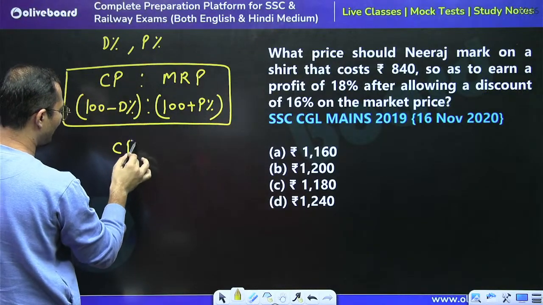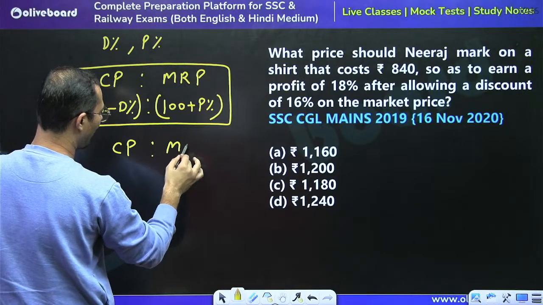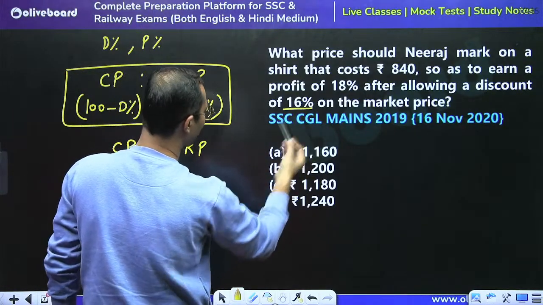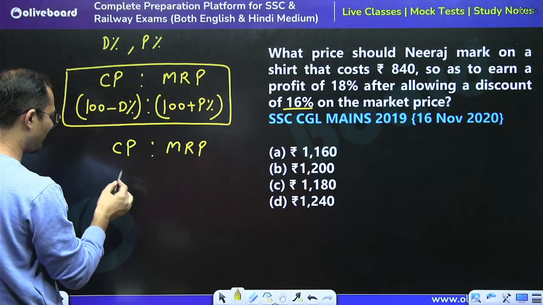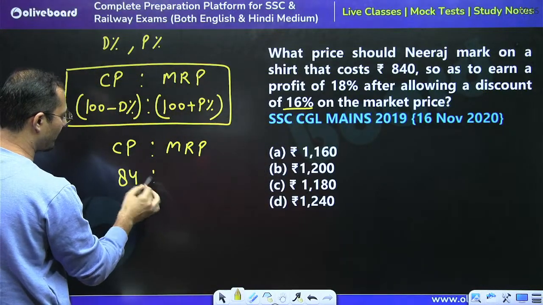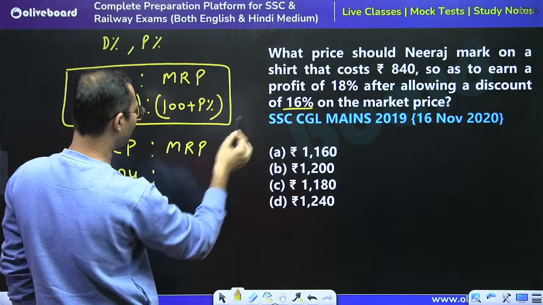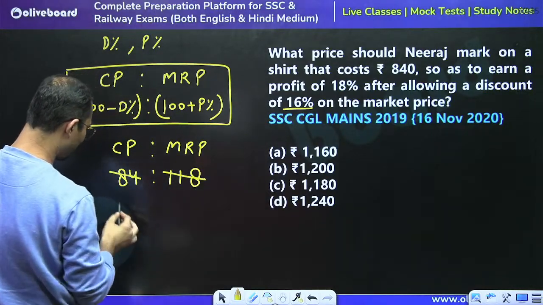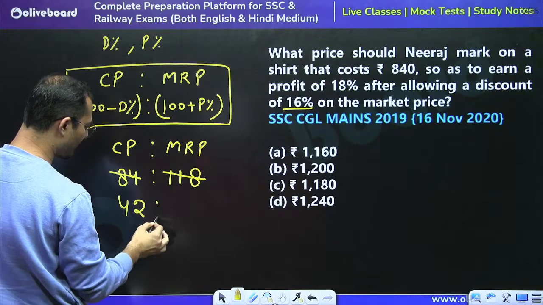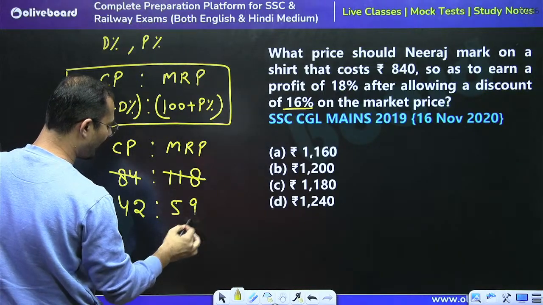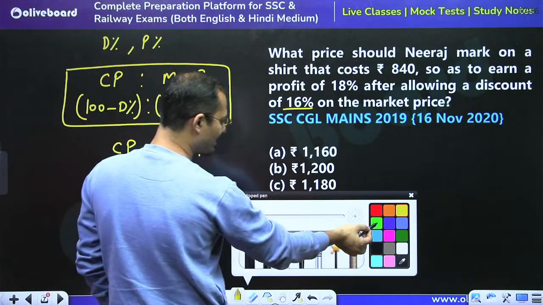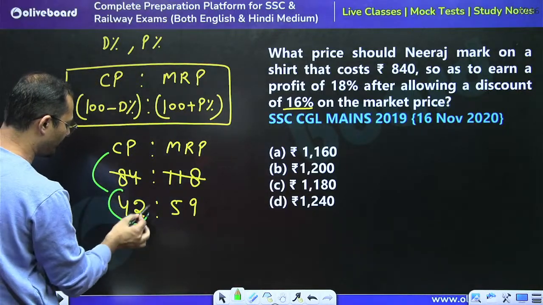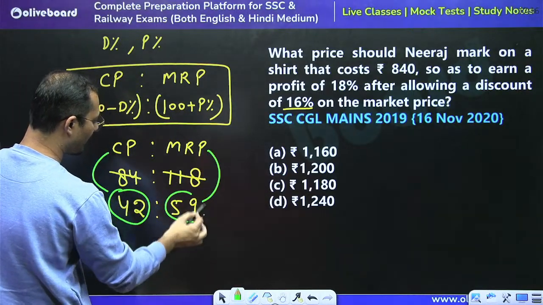Directly you can say that the ratio of CP and MRP is 100 minus the discount percent, which is 16%. So 100 minus 16 is 84, and 100 plus 18 is 118. Dividing both by 2, it is 42 times and 59 times. So if my cost price is rupees 42, my MRP is 59.